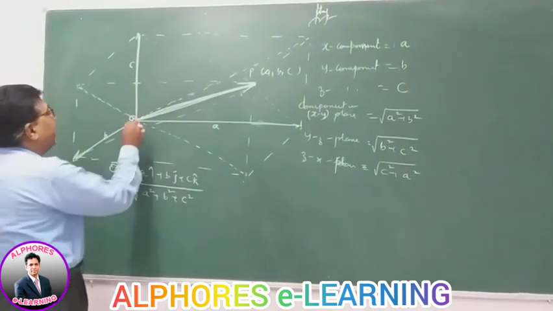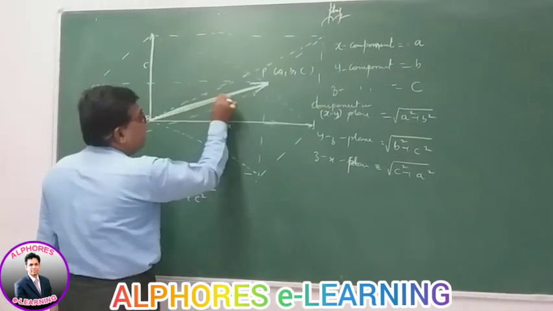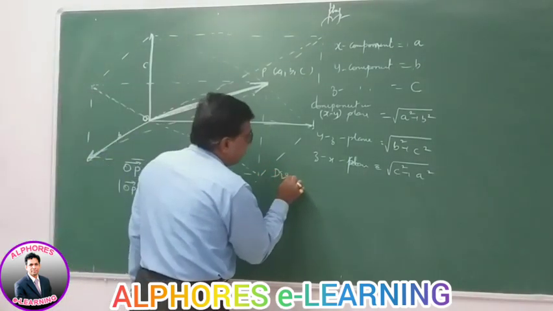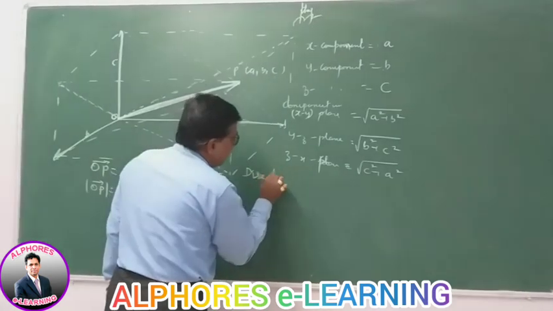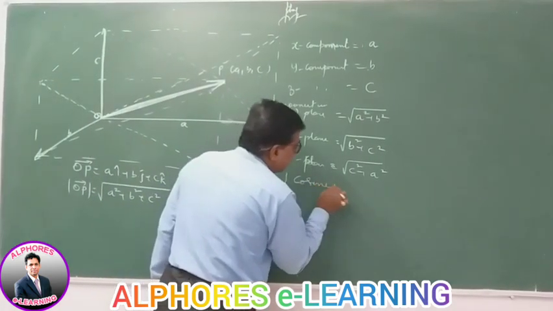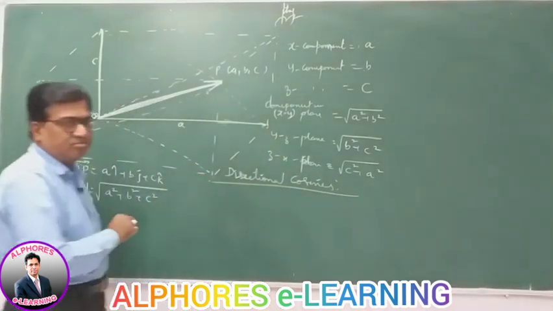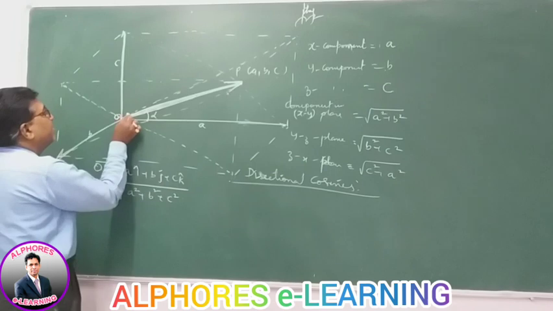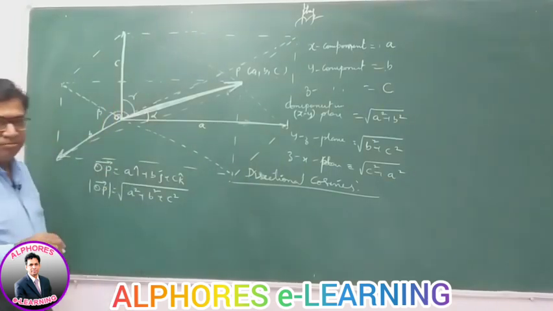Now the direction of the vector is represented by directional cosines. The angle made by the vector with the x-axis is alpha, with the y-axis beta, and with the z-axis gamma.